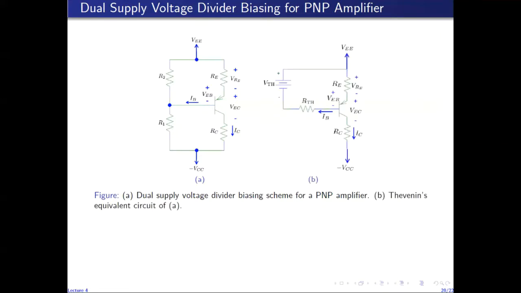So the Thevenin equivalent circuit will again be given by a similar diagram, in which V Thevenin will again be given by the total voltage, which is VEE plus VCC, and the Thevenin resistance will remain the same because we haven't changed this part of the circuit. So it will be given by the parallel combination of R1 and R2.